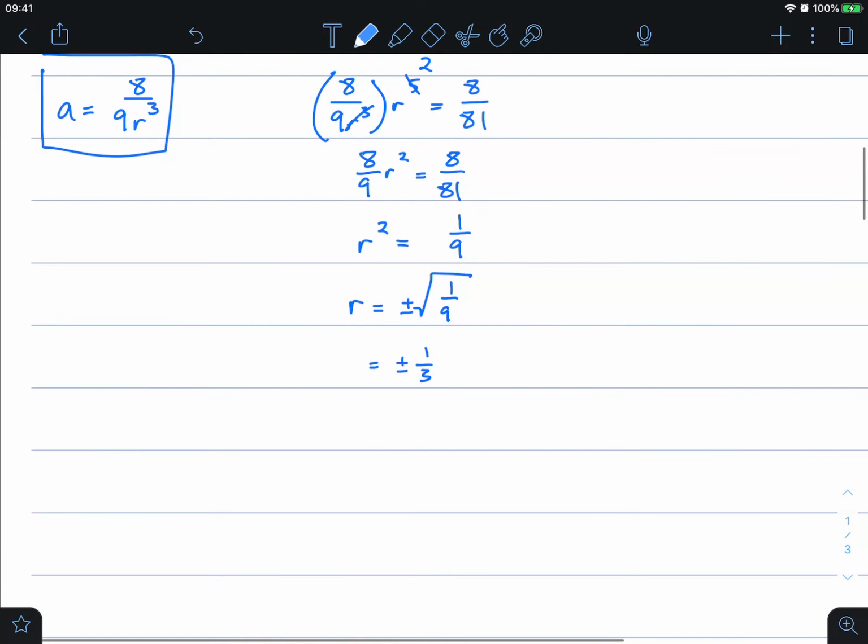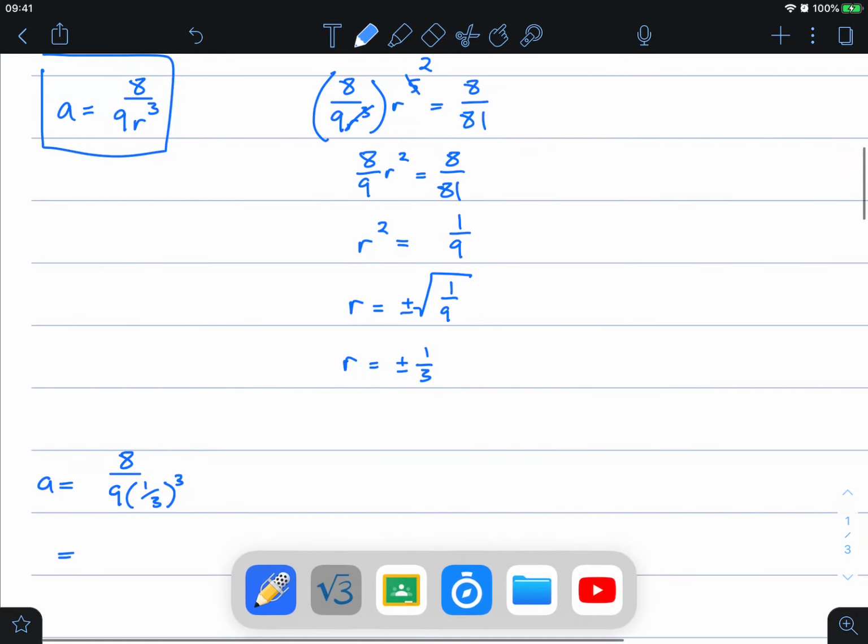So substituting r equal to plus 1/3 back into here, we get a is equal to 8 over 9 times r cubed, substituting the positive 1/3.